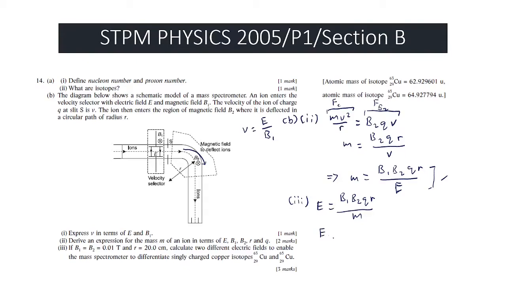Now let's say this is copper 63. We have 0.01 squared because this is B1 and B2 is the same, and the charge is given by 1.6 times 10 to the negative 19, and this radius is 20 times 10 to the negative 2, divided by the mass.